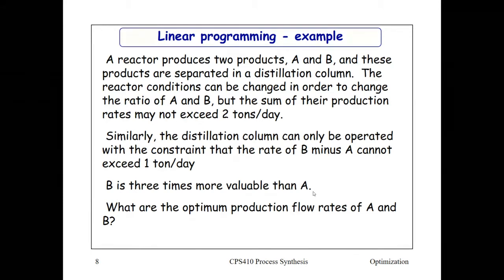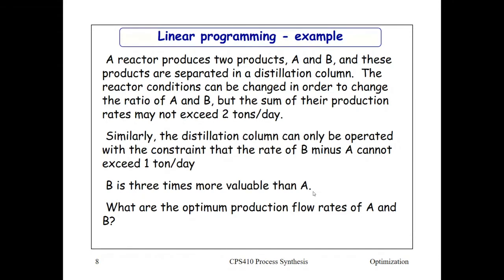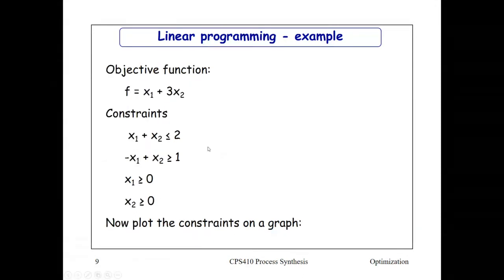So if you're producing 1 ton of B, it influences the objective function 3 times more than A. If you make 1 ton of B, you'll make 3 times more profit than if you make 1 ton of A. And that's how this objective function gets phrased.